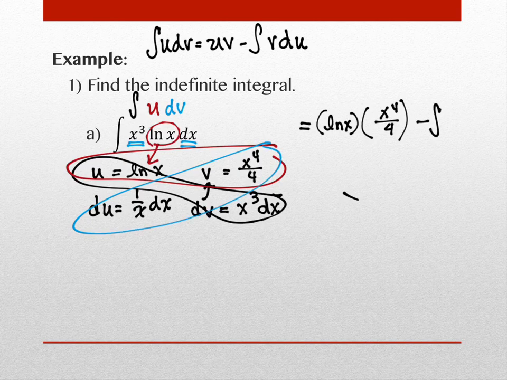So minus the integral of v, which is x to the 4th over 4, du, which is 1 over x dx. So I put things in along my black diagonal, using my colors as identification. I multiply these along the red circle, my red top circle, and I subtract the integral along the opposite, or the blue, diagonal.